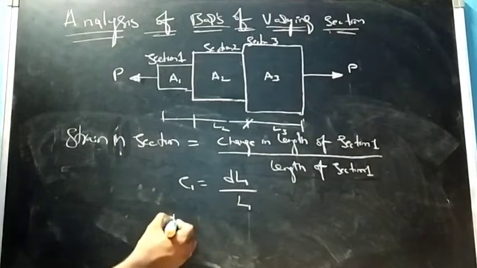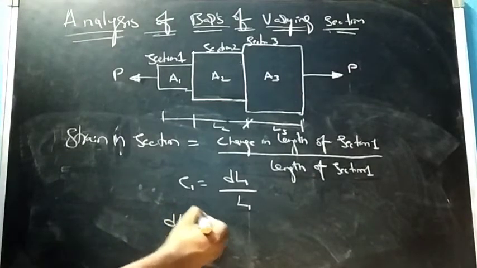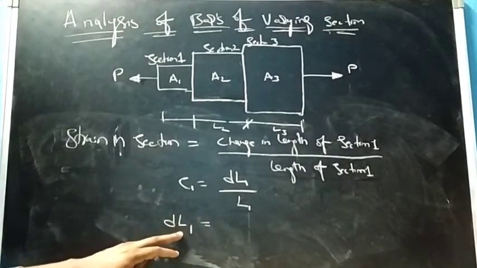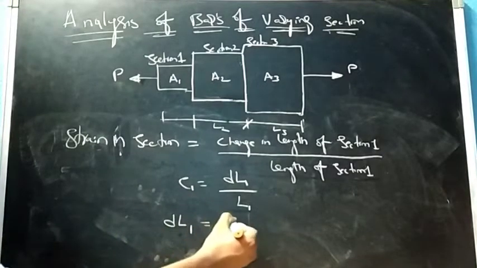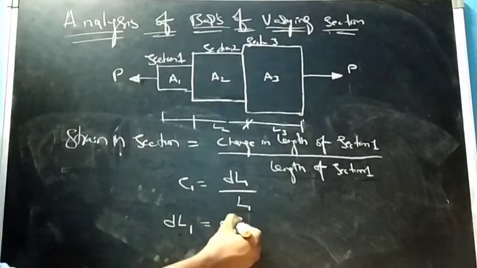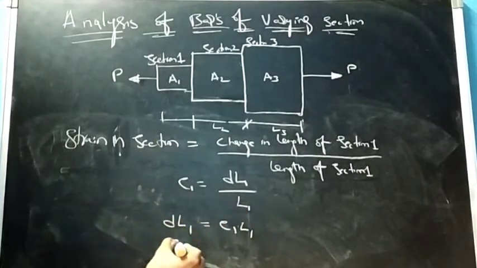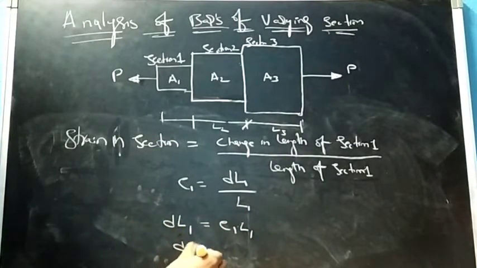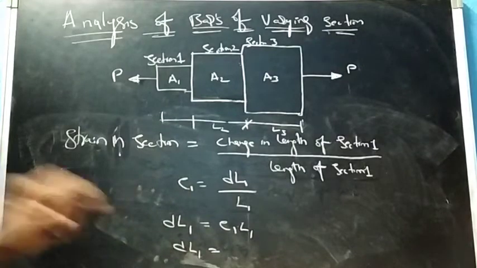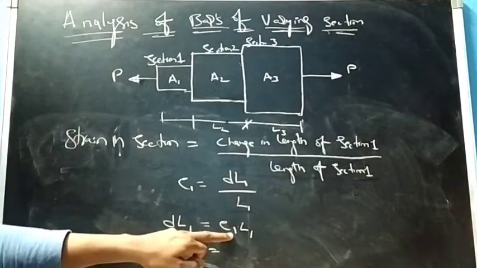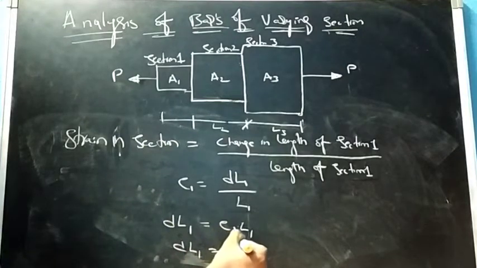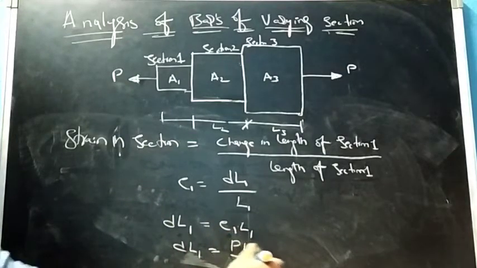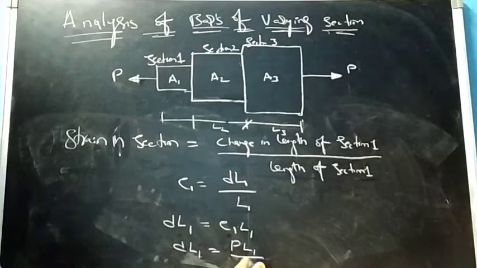So from here dl1 we can write as epsilon 1 times L1. So dl1 equals, we know epsilon 1 from Young's modulus, that is P L1 upon A1 E1.